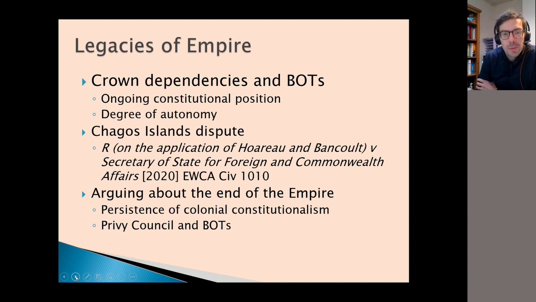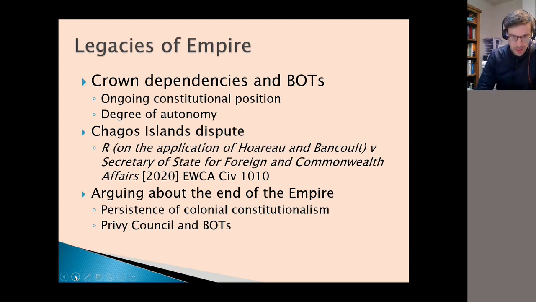Oh yes, and I should mention there's some discussion then of the current constitution and how some of those legacies are continuing in practical or concrete terms through the Crown dependencies and the British or UK overseas territories, and the way they relate to the current constitution, the way they're kind of hidden away from the domestic constitution, but nevertheless part of it.